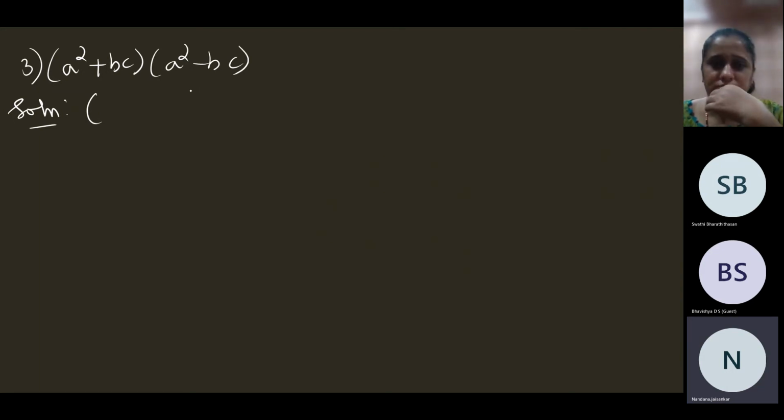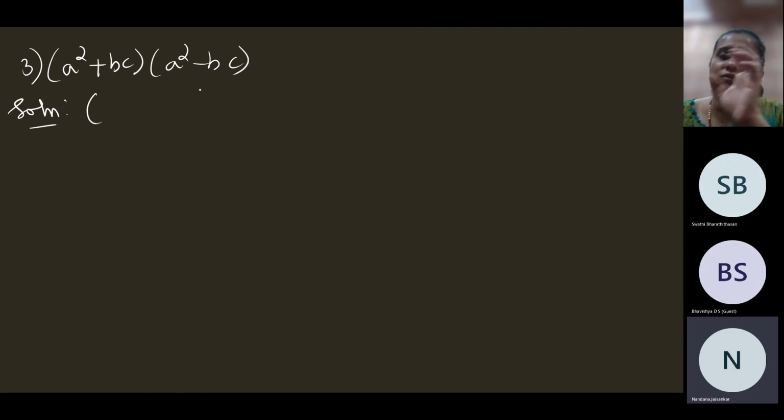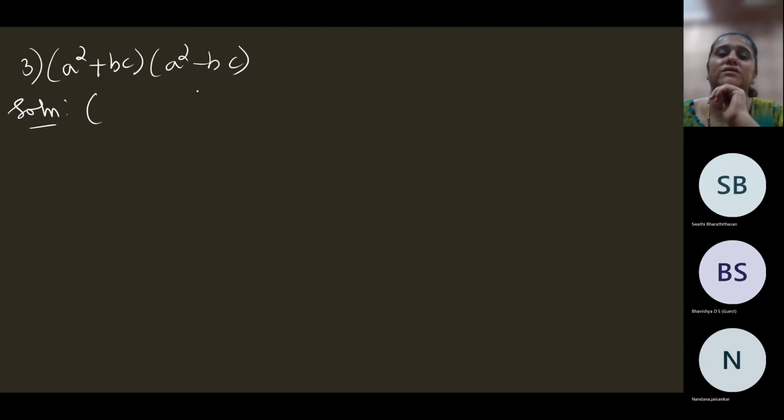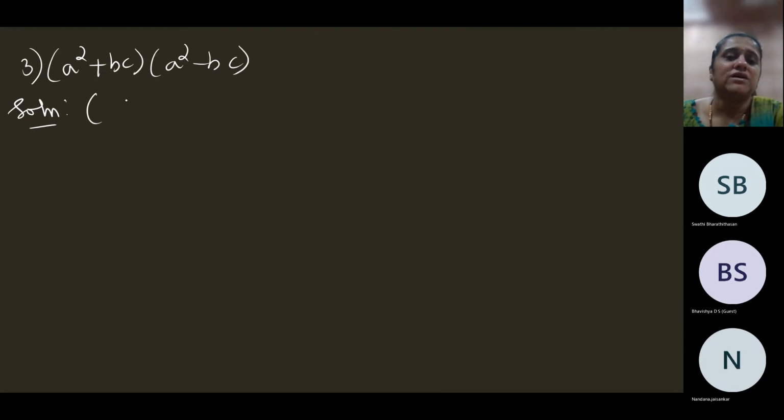Ma'am, I use A plus B, A minus B. When I say identity, tell me the complete thing. A plus B, A minus B is equal to A square minus B square. Correct. So the identity here is A plus B into A minus B is A square minus B square.